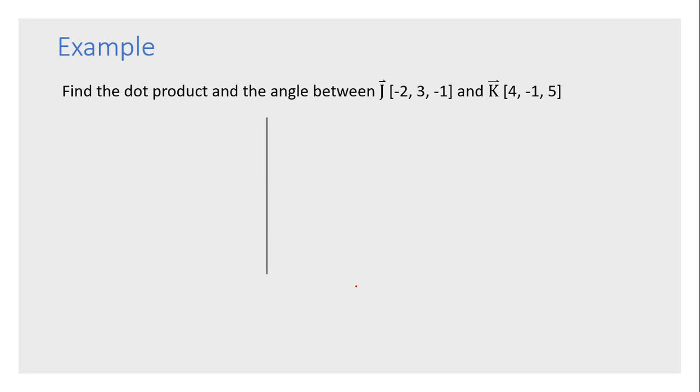So let's say we have two vectors, j and k, and we want to find both the dot product and the angle between. So let's start with the dot product. It's also called the scalar product.